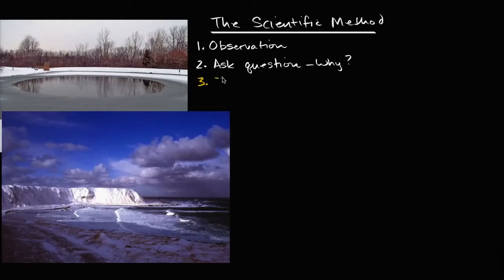So you create a testable explanation. And this is one of the core pillars of the scientific method. And this testable explanation is called your hypothesis. Your hypothesis. And so in this particular case, a testable explanation could be that, well, the ocean is made up of salt water, and this pond is fresh water.